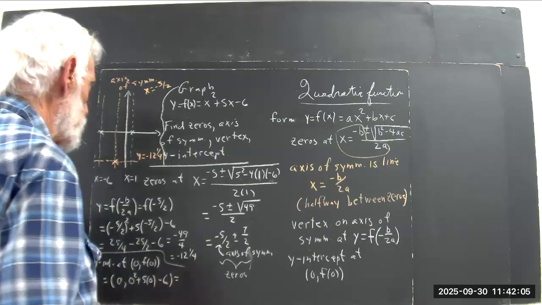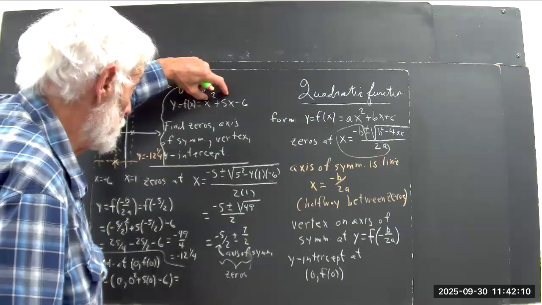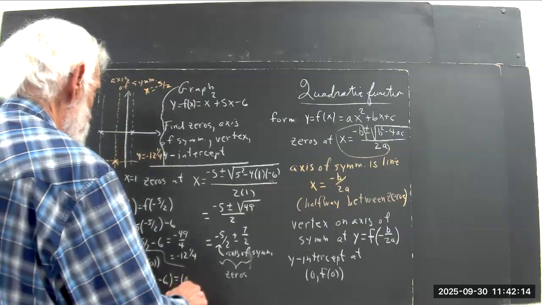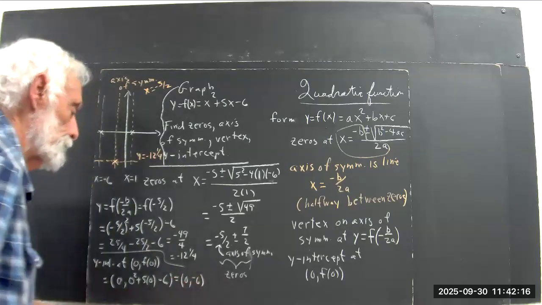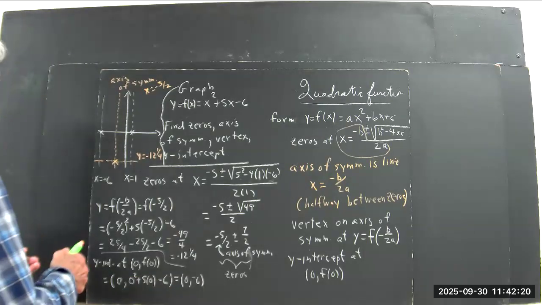And of course, you're just calculating it and know that you're plugging 0 in here. You see that these numbers are both going to be 0, and you're just going to end up with negative 6. So there's our y-intercept. It's at 0, negative 6.